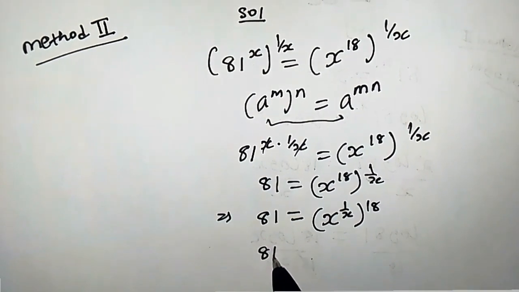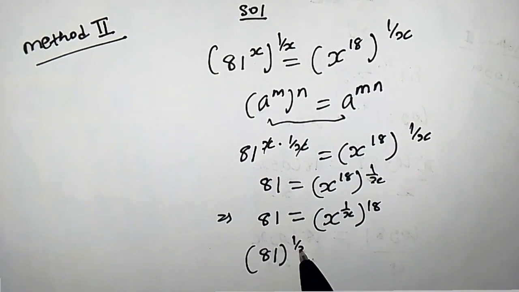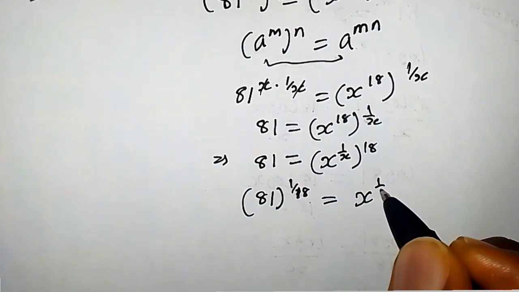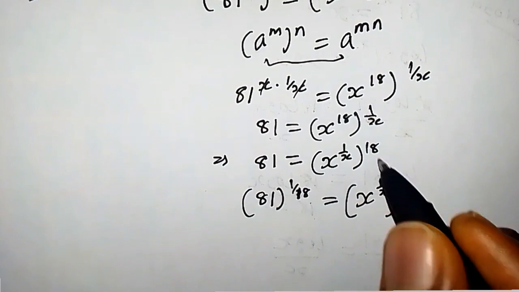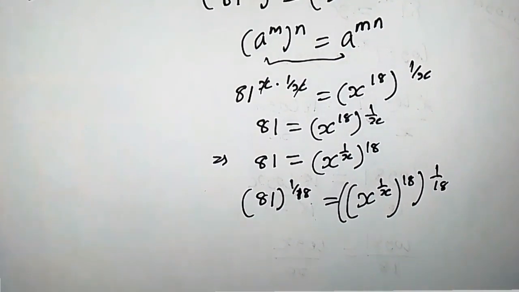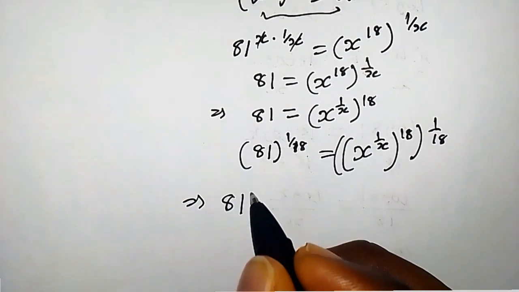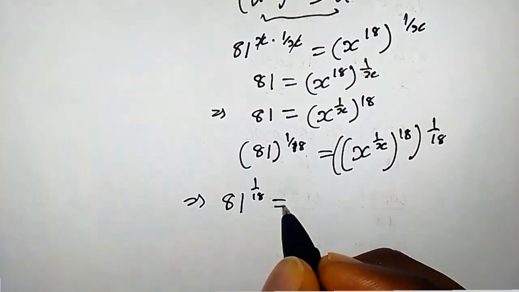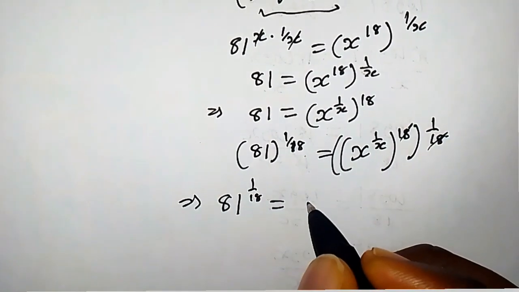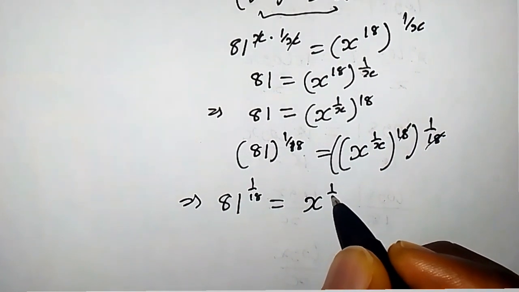So we're going to have 81 raised to power 1 over 18 equals x to the power of 1 over x times 18 times 1 over 18. This implies that we have 81 to the power of 1 over 18 equals, 18 times 1 over 18 cancel each other, so we are left with x to the power of 1 over x.